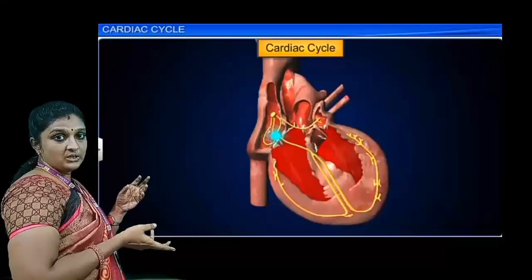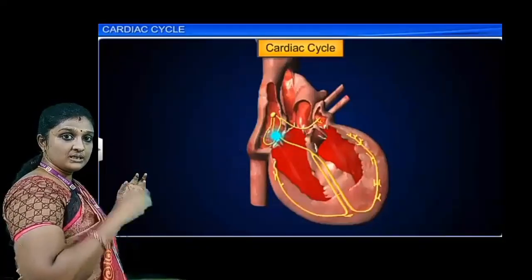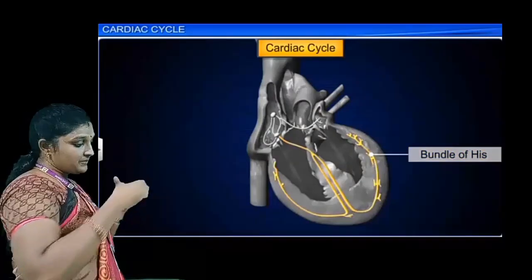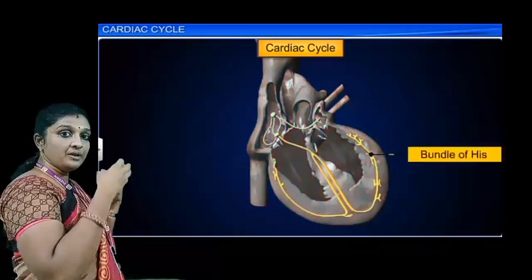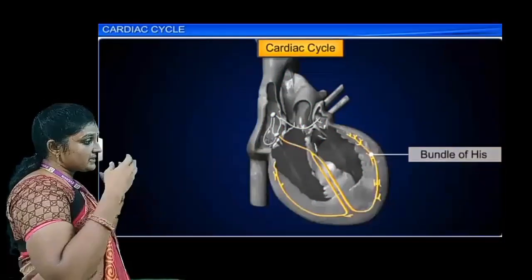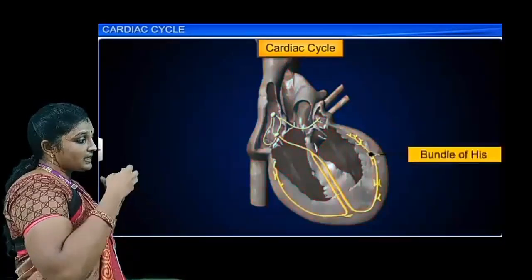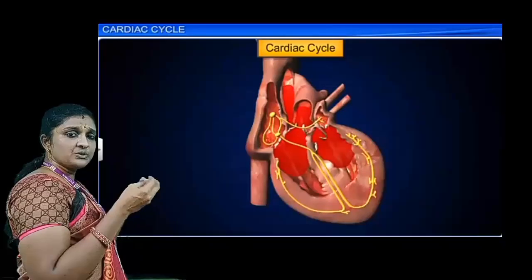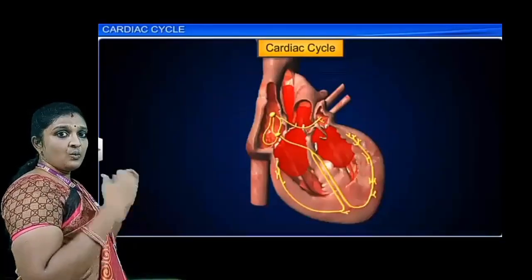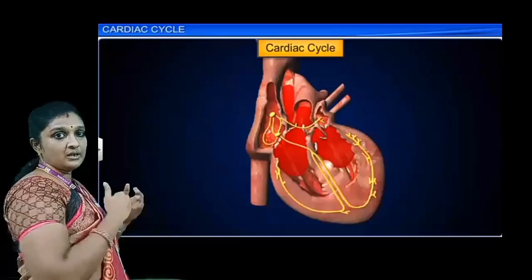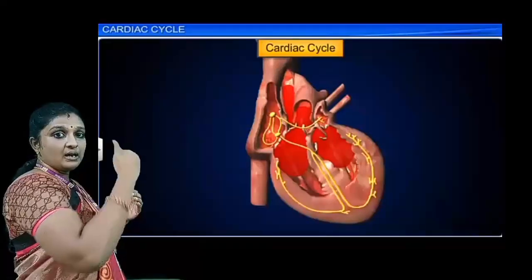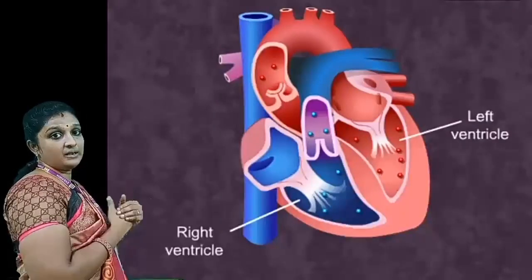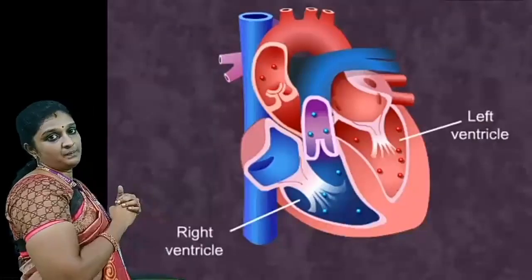This AVN nodal tissue, which is present in the atrioventricular septum, divides into branches and forms the AV bundle. This AV bundle spreads throughout the ventricles, and these bundles are connected to the ventricles by fine fibers called Purkinje fibers. So now, when the blood moves from the auricle to the ventricle with high pressure, along with this AVN fiber triggering in the ventricles, it contracts the ventricle part.